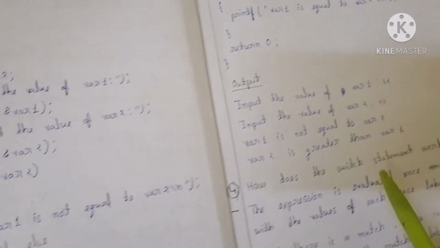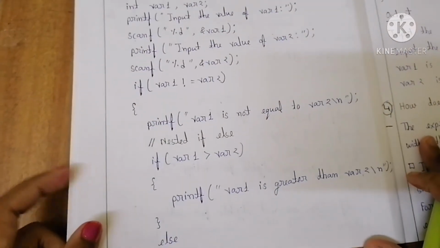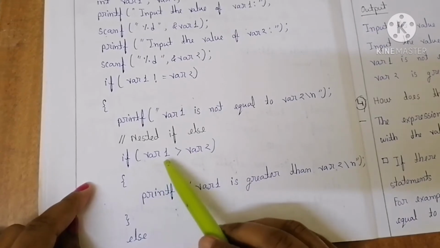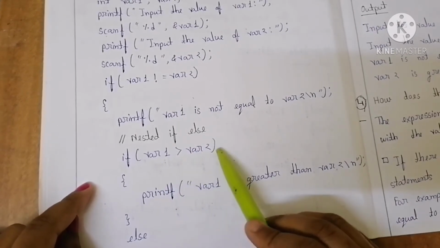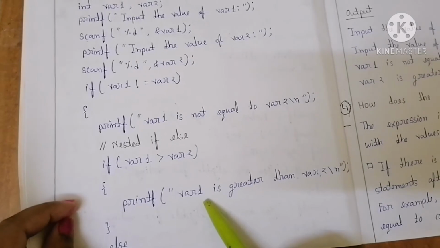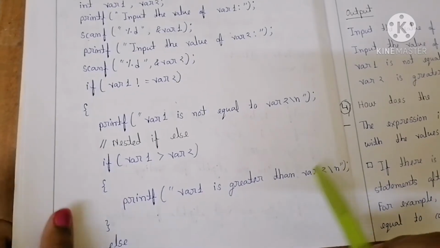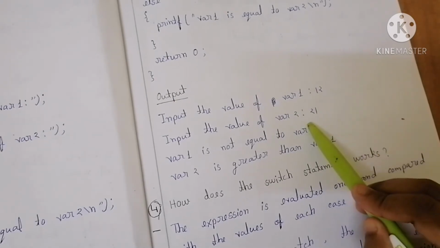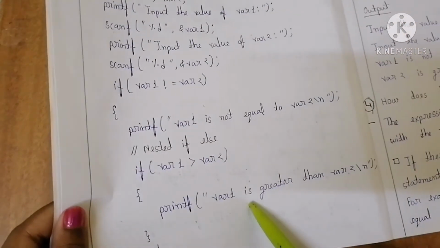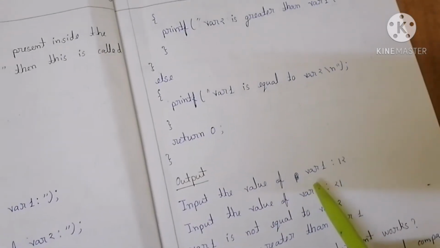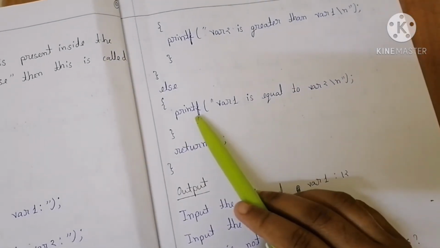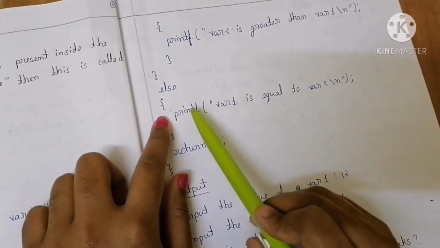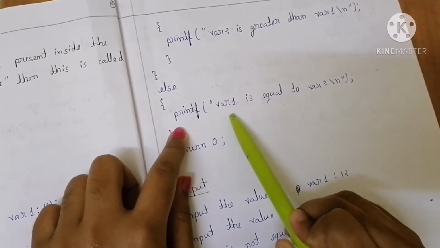Now it will check the condition of the nested if else statement. Here the condition was, if variable 1 is greater than variable 2, it will print variable 1 is greater than variable 2. But here variable 1 is less than variable 2, so it will ignore this statement and execute the statement in the body of else.